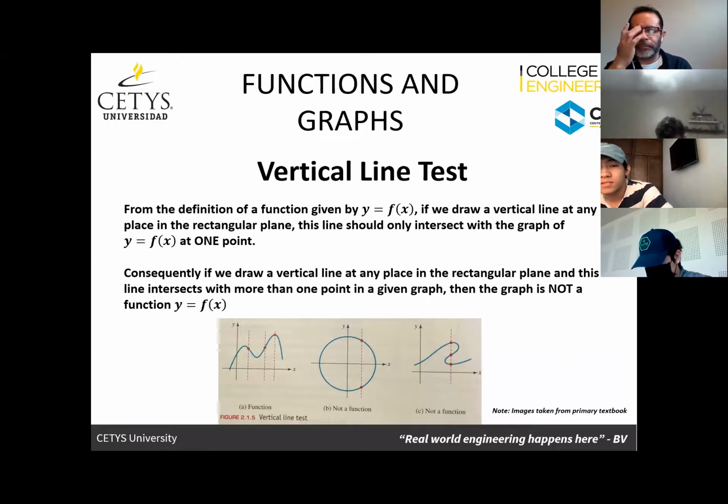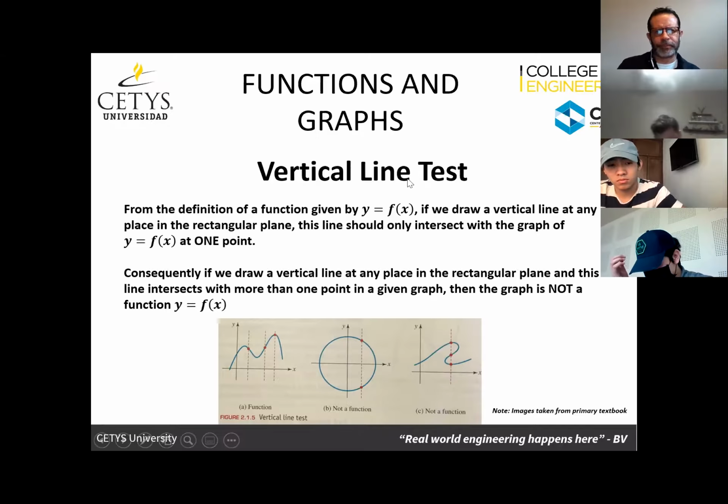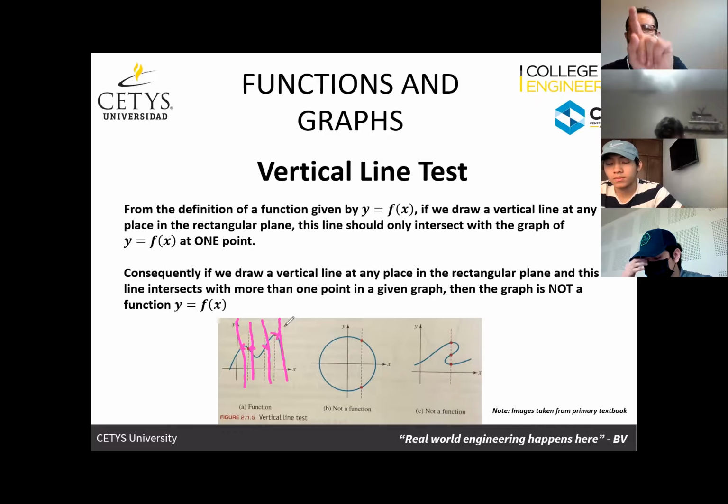There's another thing that's important to differentiate between what is a function and what's not a function, and it's called the vertical line test. There are some exercises in homework task 6 that have to do with this. If I give you a graph, like any of the 3 graphs that we see there, and we draw vertical lines across the graph, the vertical lines should only intersect the graph in one point.